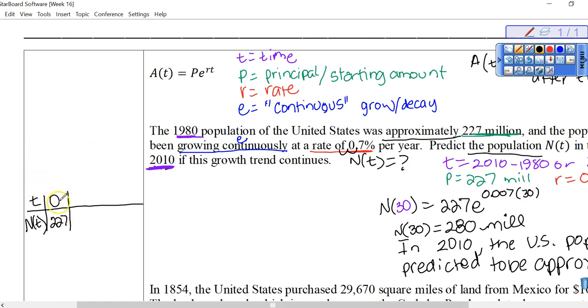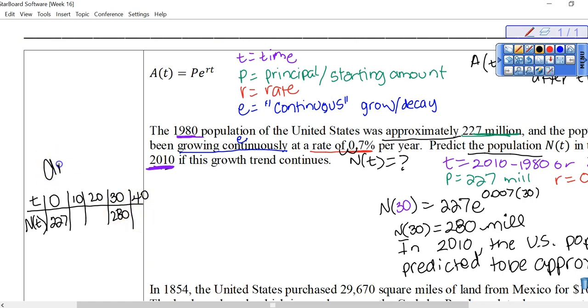We already have 2 pairs of data: year 0 and year 30. I suggest you get some in-between values and maybe a future value. So how about we go by 10s as an example? We'll do year 10, year 20, year 30, which we already know is 280, and let's get one more, year 40.